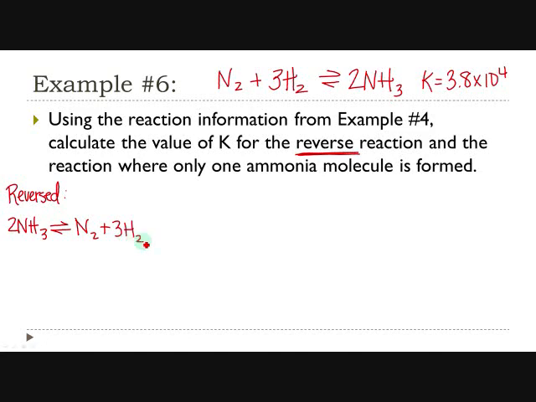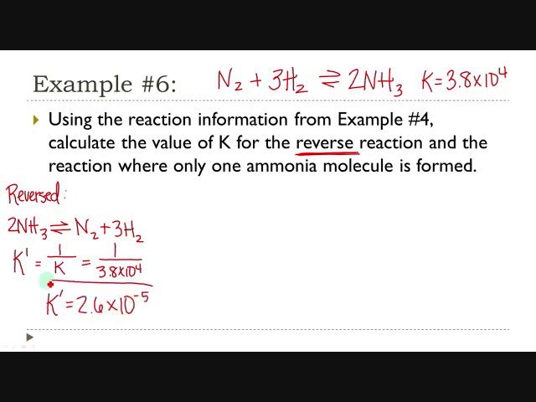So then for the value of K, when it's reversed, K' (the K with the apostrophe just means the new K, different from the original K) we have to take the inverse of K. So we would take 1 over 3.8 times 10 to the 4th. So our new value of K when it's reversed, when I invert that, I got 2.6 times 10 to the -5th.